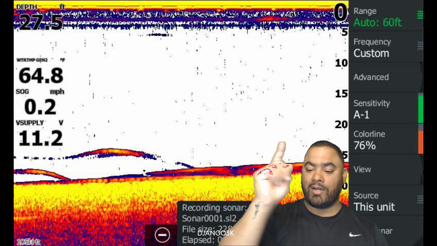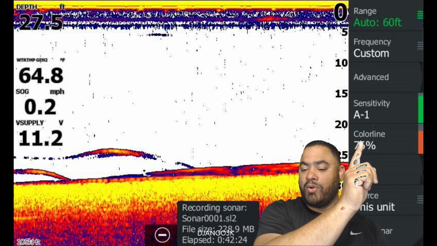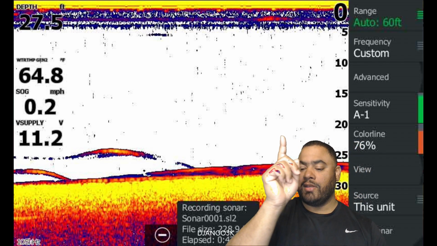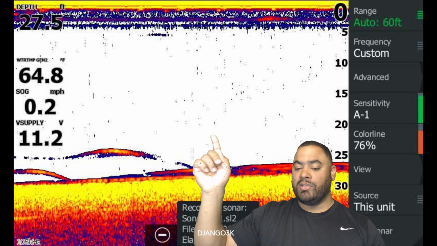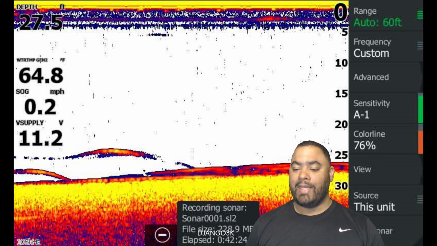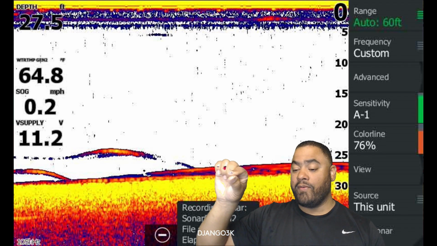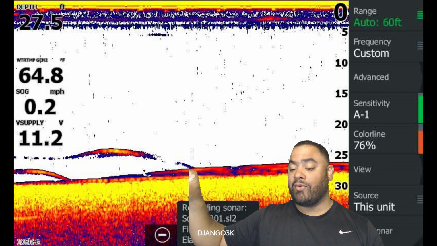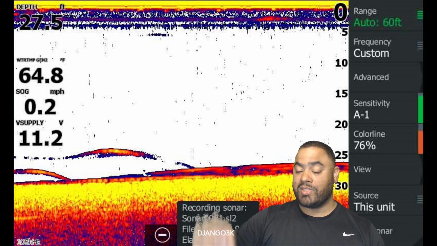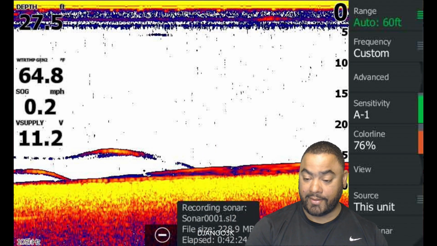Let me start over here. What happens is your screen moves like this. Your information starts here and it moves here. As it moves to your left, my right, that's representing time. So that fish over time is represented as a long line because the transducer is continuously pinging off of him.